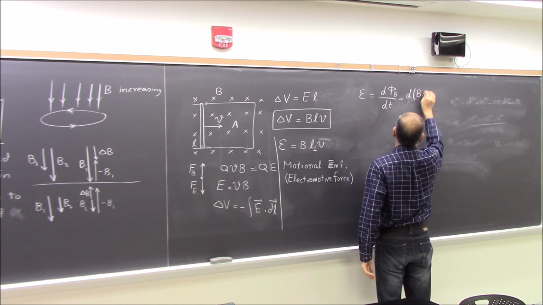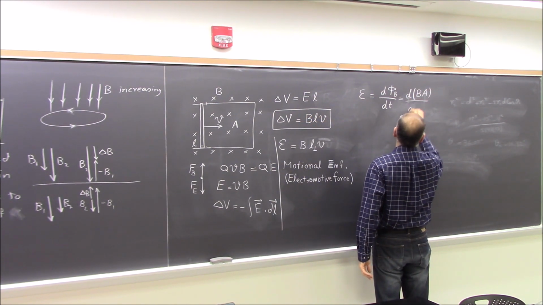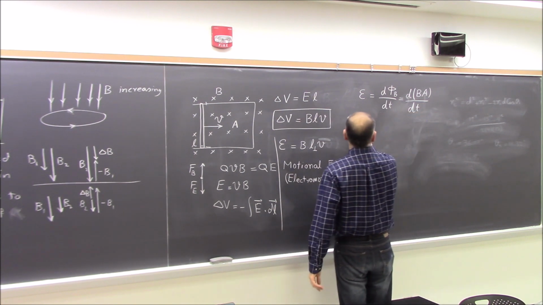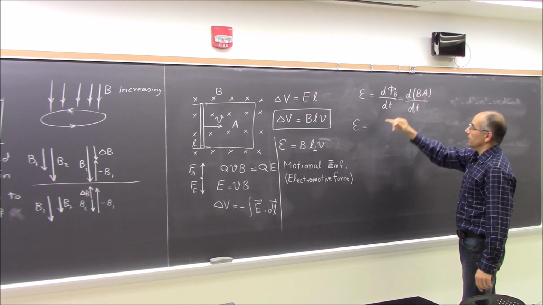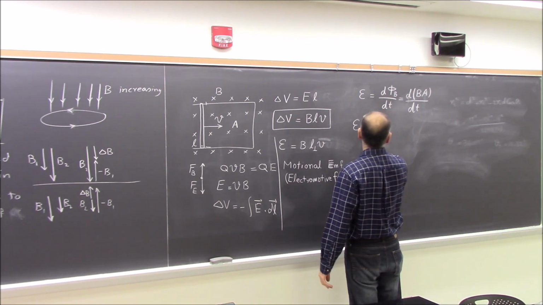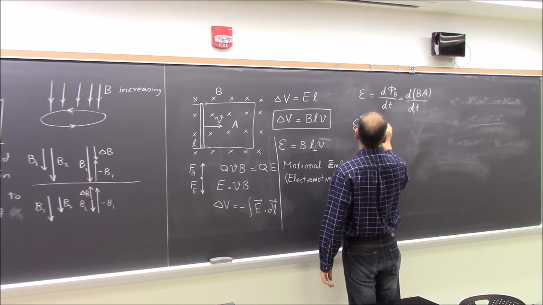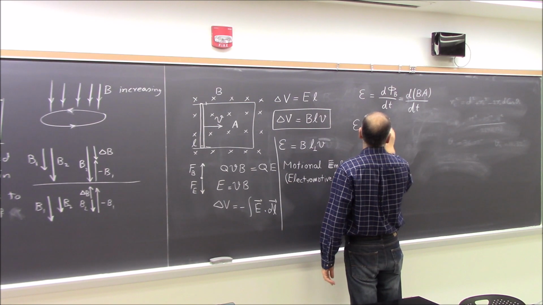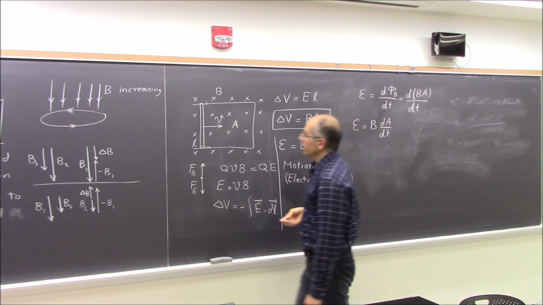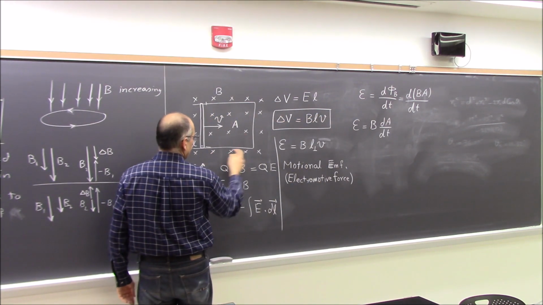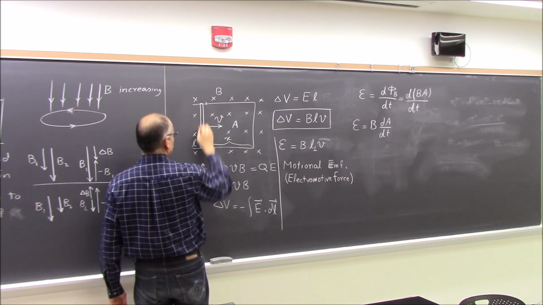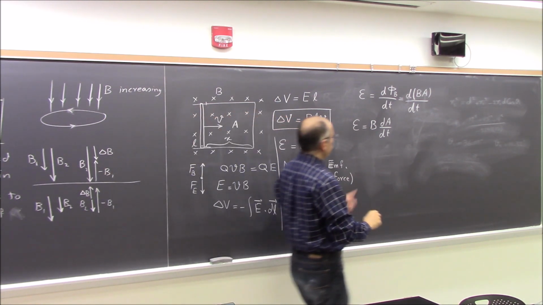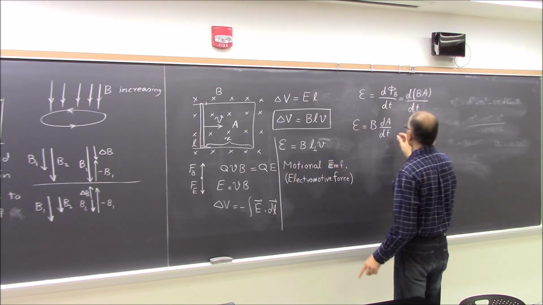B times the area, over dt, and therefore, because B is constant, it comes out, and E is B times dA over dt. But if this distance here is x, and this side is L, the area will be x times L, right?